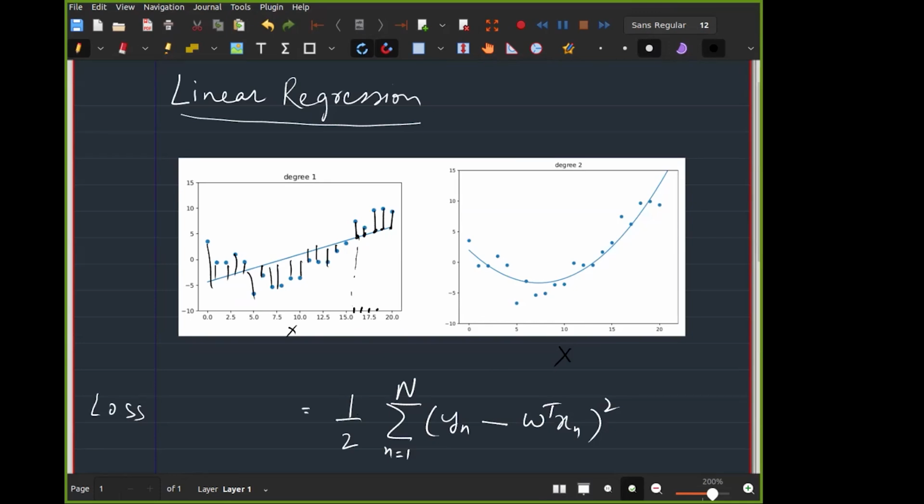The half is just there because if you take the derivative, the 2 cancels out with this half. That's the only reason we have a half. I call this RSS of parameters w. RSS is the residual sum of squares. So I hope this loss function is clear to you.